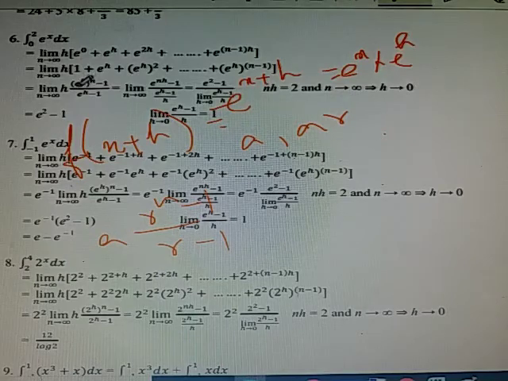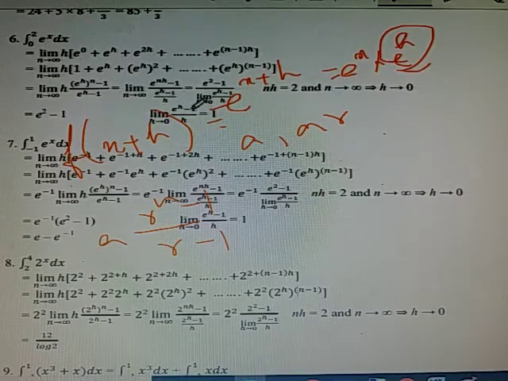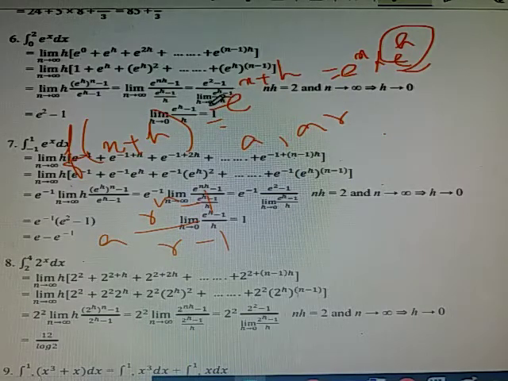So here e to the power h is r, the common factor. We are multiplying by e to the power h in every term. So e to the power h whole to the power n minus 1 divided by e to the power h minus 1. And this limit you have got, e to the power h minus 1 by h.